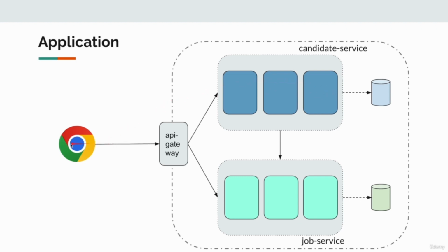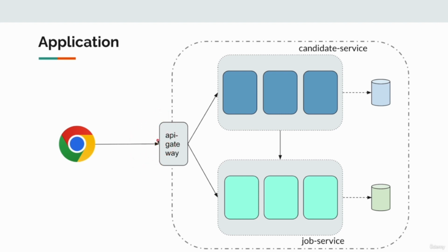So you send a request, it will send the request to one instance of the job service, get it processed, and it will respond. So this is how it's going to work. We can see the path based routing, load balancing, and hiding all the complexity by using our API gateway.